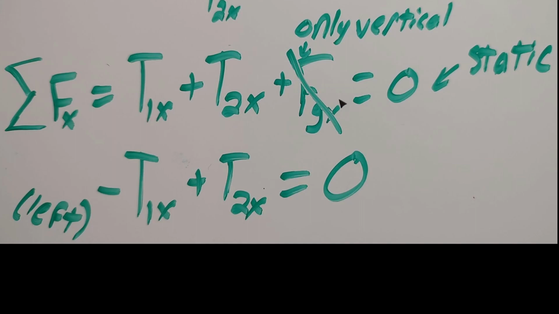There is no x direction to gravity. It's just straight down. It's not like the normal force with the inclined planes or anything, because we're not breaking it into any new components. And then I also put that T1 is going left, so I put it as negative. And then it's all equal to 0, so that it's not moving, it's stationary. We saw that when we added up the vectors.